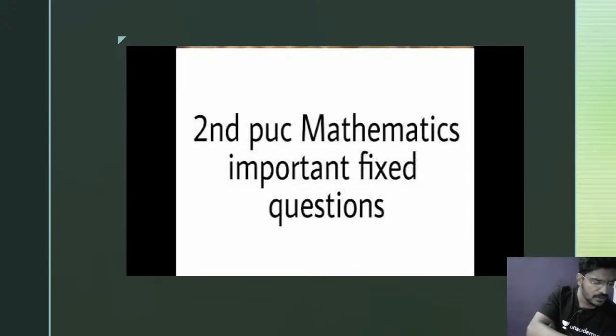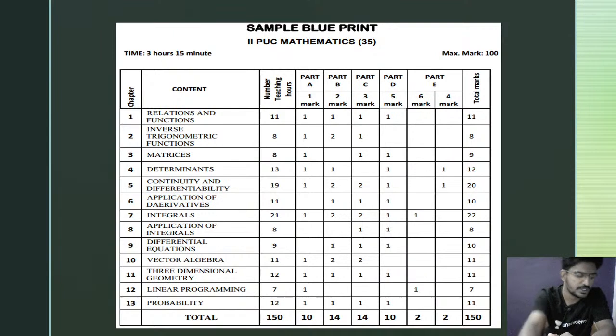You have to go through all the chapters and see all the questions which are asked a greater number of times. After solving the last 10 to 15 years question papers, you can understand which questions are asked more often, and you can make sure those are your fixed questions.